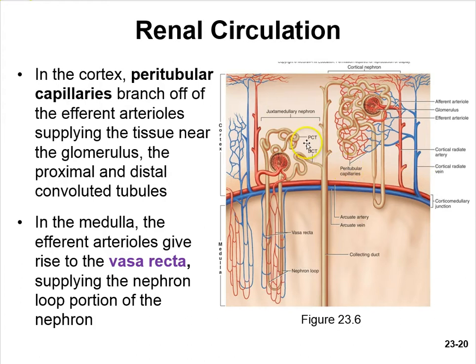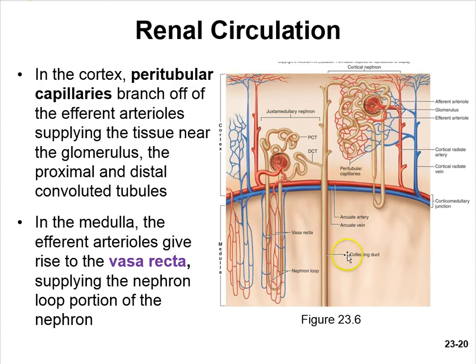So those are signified with PCT, proximal convoluted tubule, and DCT, distal convoluted tubule, for short. These capillaries that continue and have a very close association with these tubules are called the peritubular capillaries because they're around the perimeter of all these tubules here.